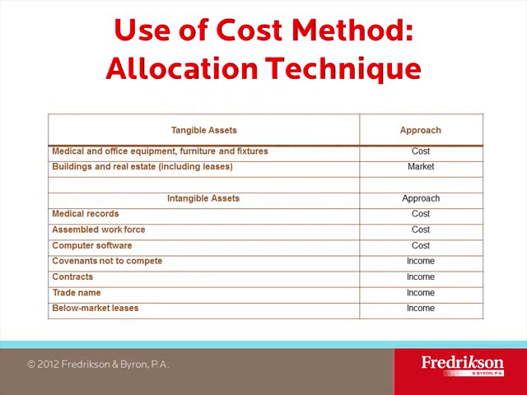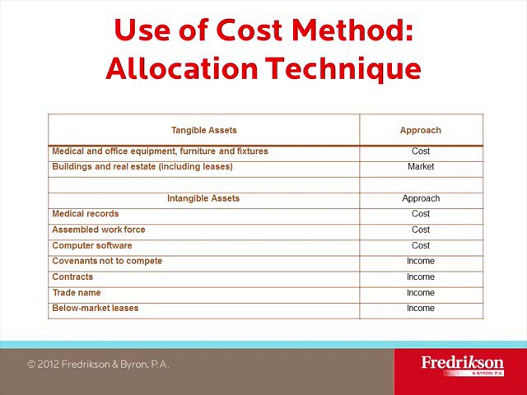So very frequently we see something in the appraisal report that talks about the use of other methods to check the value. The IRS article directs us to allocate values to specific assets.